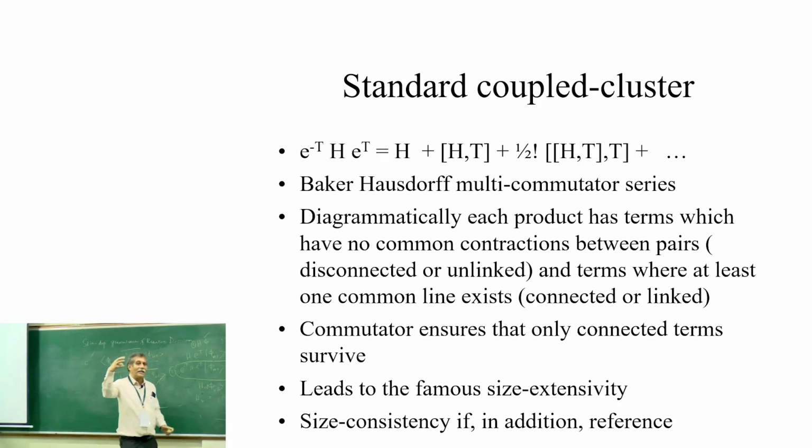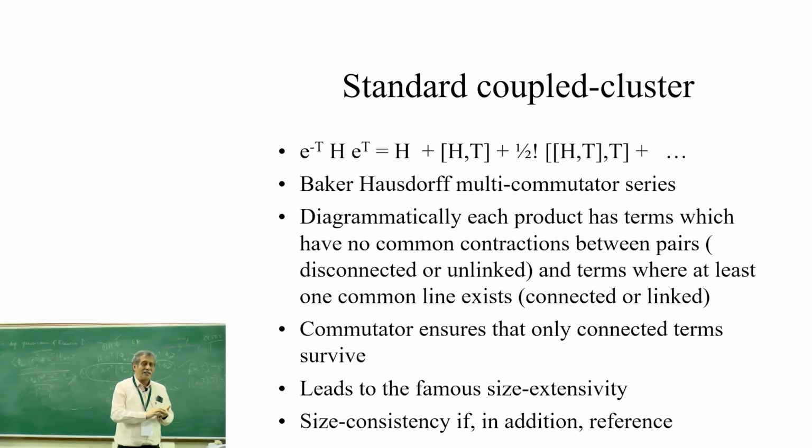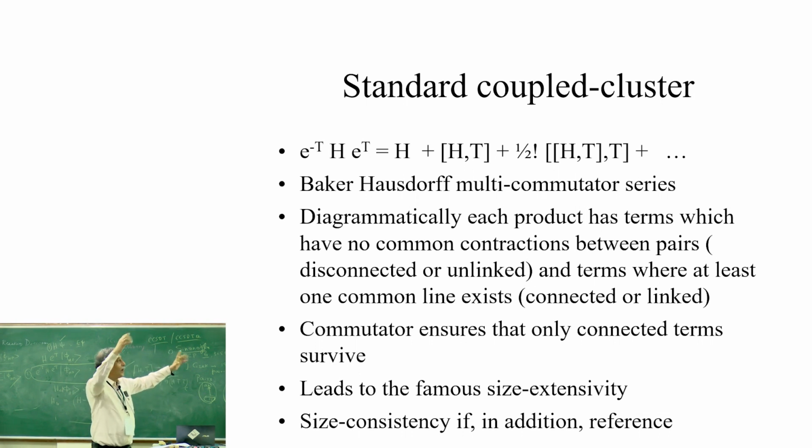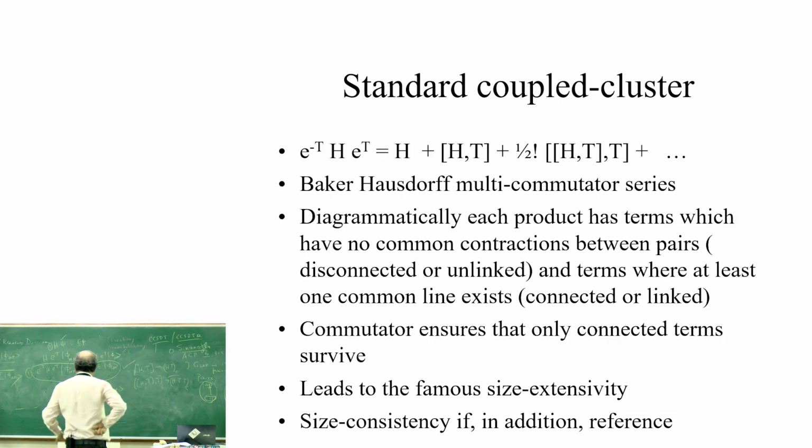Because T is a whole particle excitation operator, T dagger is a de-excitation operator. They can nicely fit with each other. And this can continue. Whereas that is not possible here, because always T is on the right, there is no T dagger on the left. So it immediately dawned on us that both of these are non-terminating series, which is very bad because we don't know what to do.